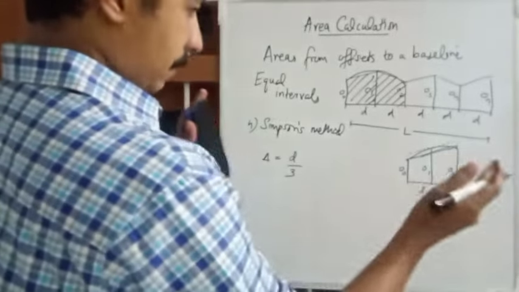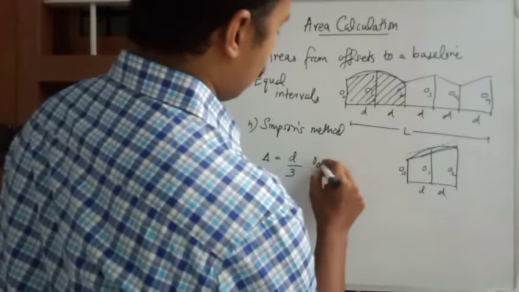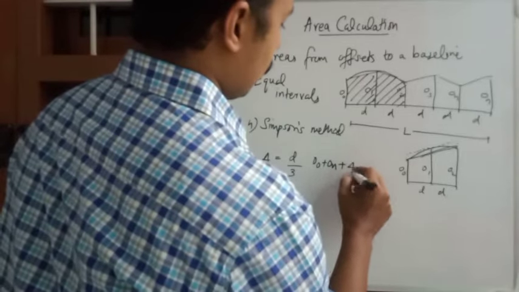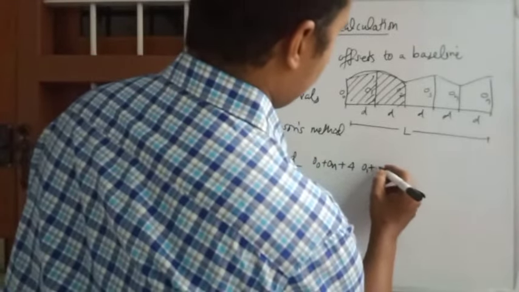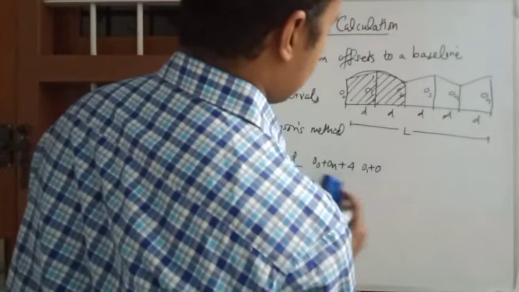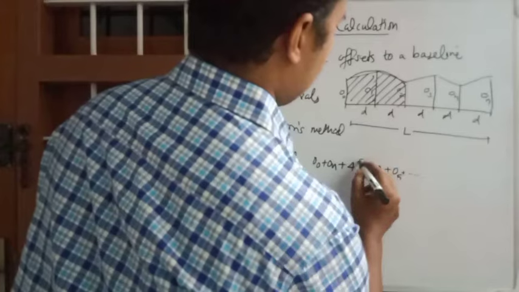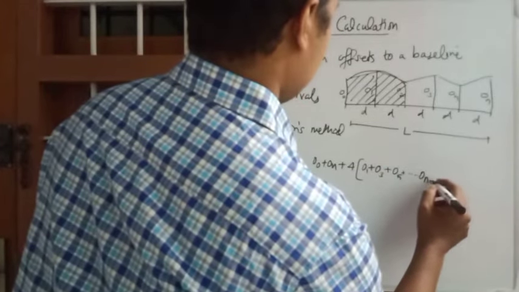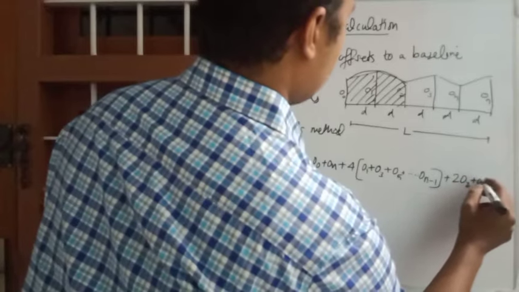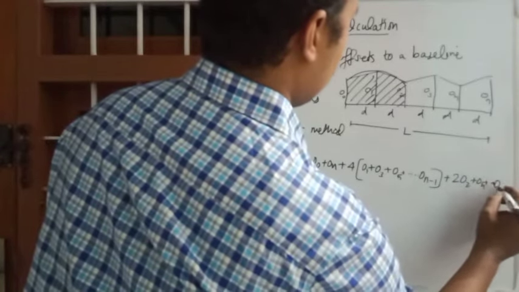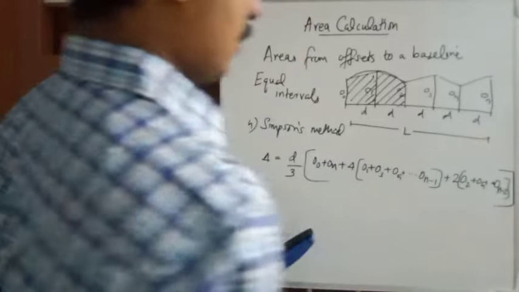After all the equations are solved, after summing all the values, d/3 into O0 plus On plus 4 into O1 plus O3 plus O5 plus etc. On minus 1 plus 2 into O2 plus O4 plus etc. On minus 2. This is the final equation.